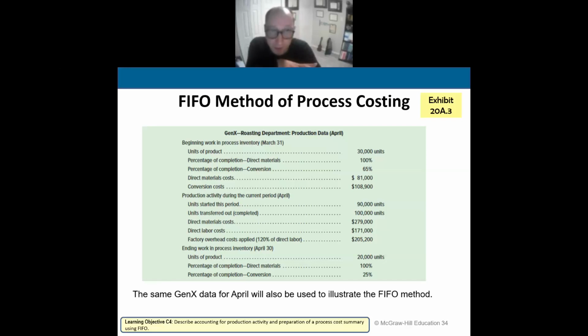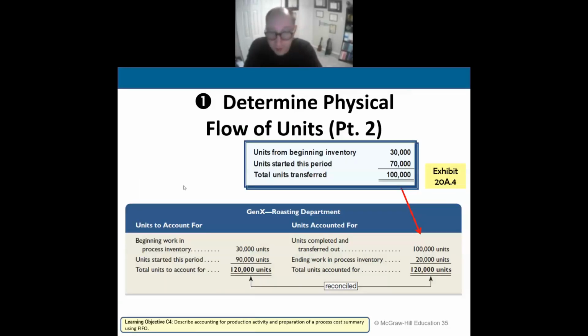So here's a subset of data for the month of April, very similar to what we saw earlier. The differences I want to point out relate to the percentage of conversion. So we still have the 120,000 units, but I want to show you how the first in, first out method applies to the units transferred.